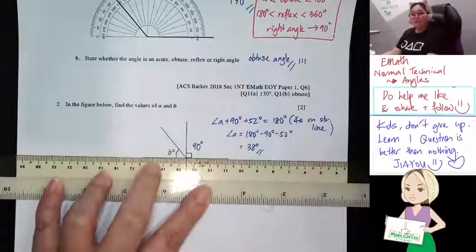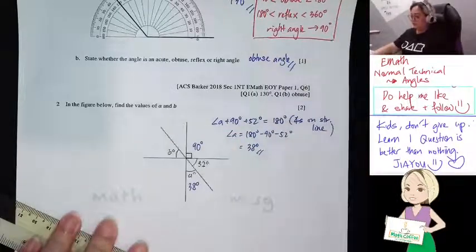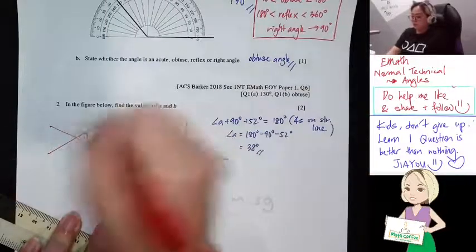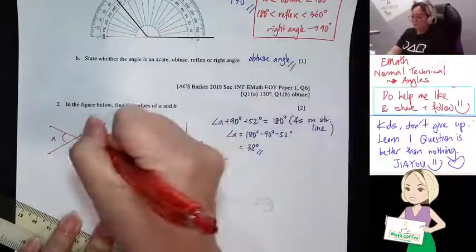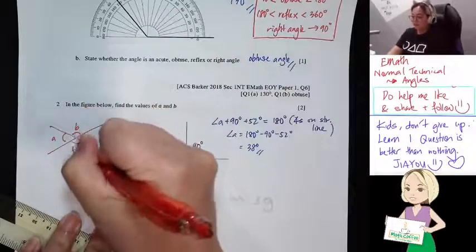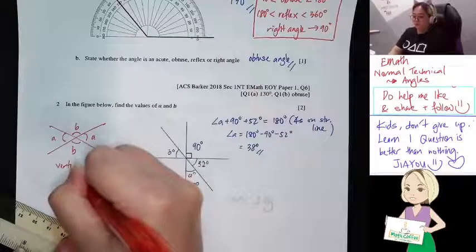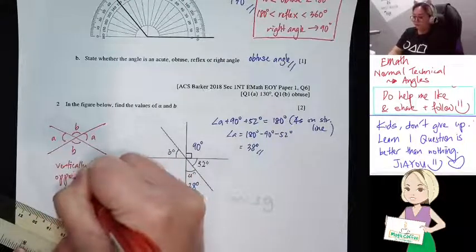So the property is vertically opposite angles are equal. This is called vertically opposite. This is angle A, and the opposite will be angle A. When this is angle B, this opposite will be angle B. So the property of this one is vertically opposite angles.